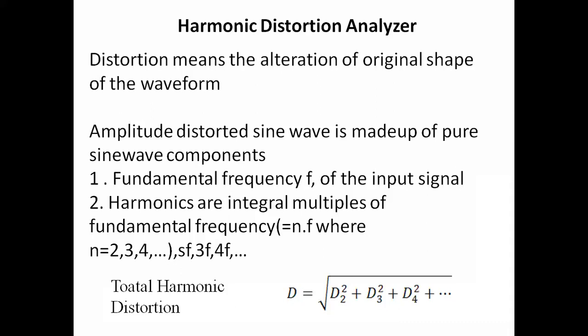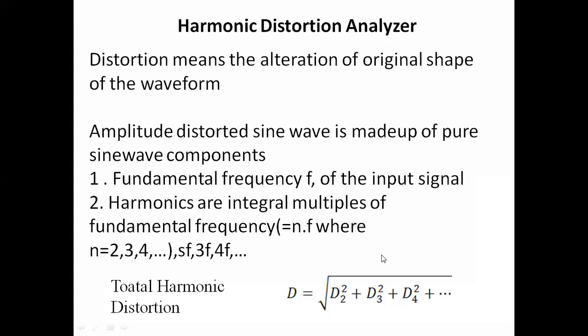Here the amplitude distorted sine wave is made up of a few sine wave components. With fundamental frequency f of the input signal, the harmonics are integral multiples of the fundamental frequency.